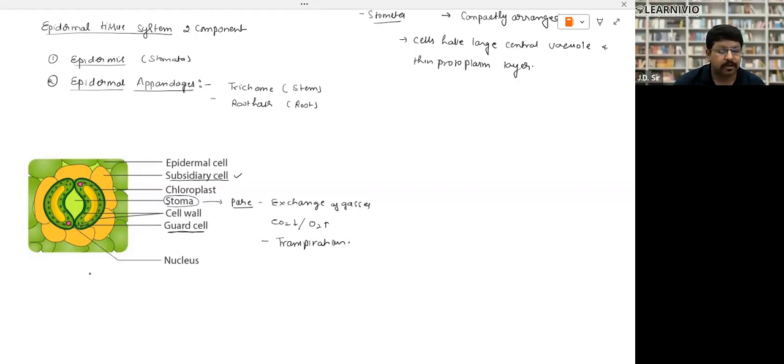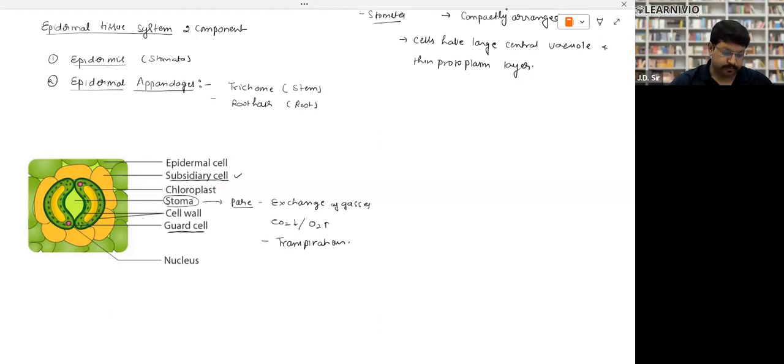That is the function of stoma. Chloroplast is also found in the guard cells, which is important. They have the nucleus, and the subsidiary cells surround them. So this is the stomata. After the class, you have to draw this diagram. Clear?